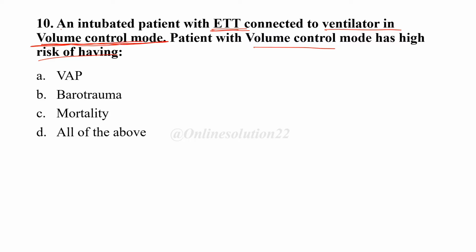So the patient who gets a ventilator setting of volume control mode is at high risk of developing barotrauma due to the volume of air that goes inside the patient. Whereas VAP can happen in any mode of ventilator, and mortality also can happen in any mode of ventilator.